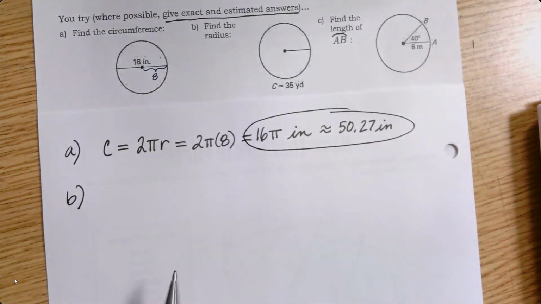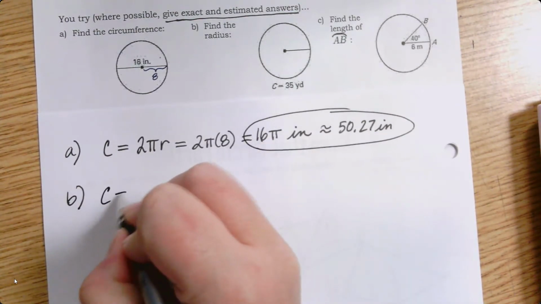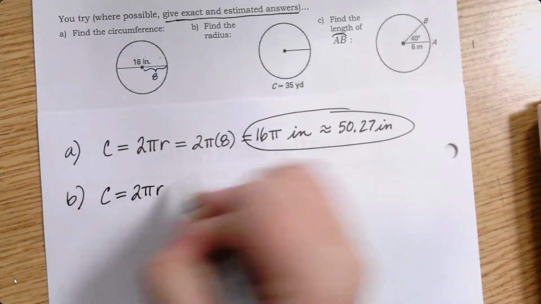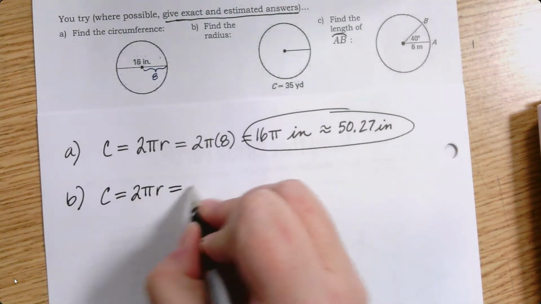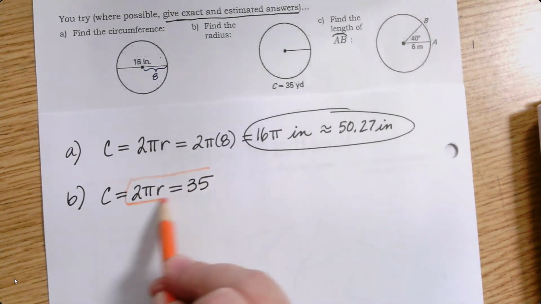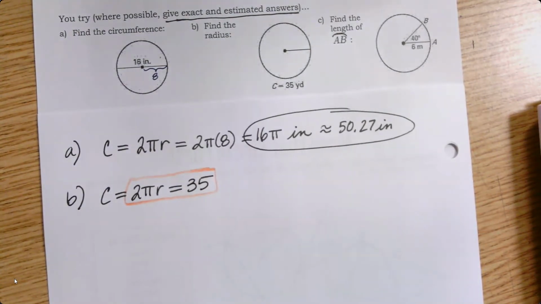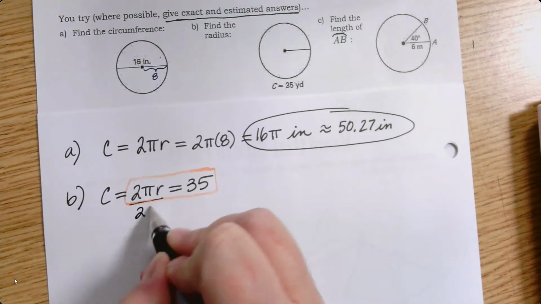Part B asks to find the radius, and they gave me the circumference. So remember, if we're using circumference, then we're using circumference formula. They gave me what this is equal to, so I'm going to set it equal to that. So I'm just really using this part here now. I have an equation that I want to solve. To get r alone, I'm going to divide both sides by 2 pi.